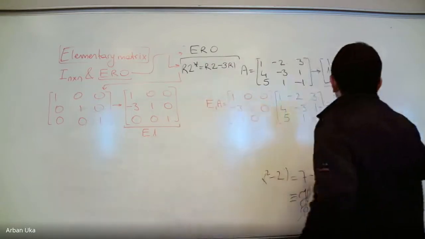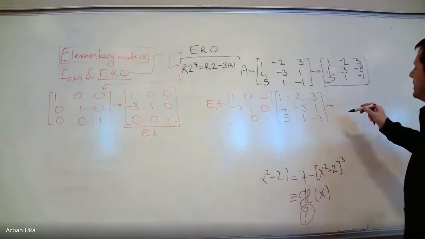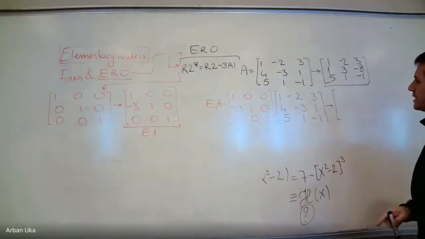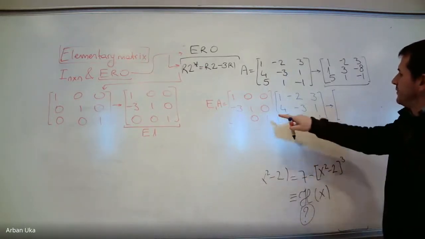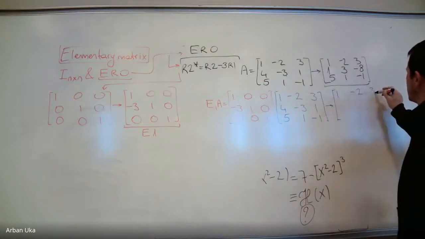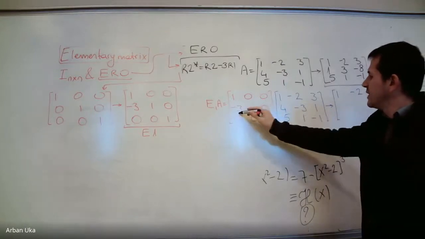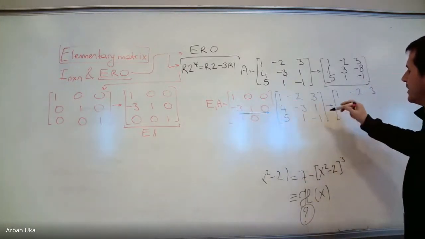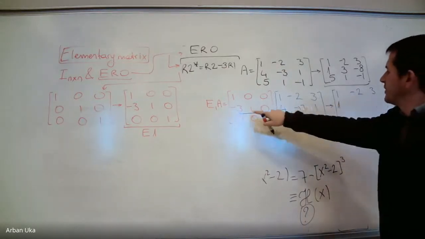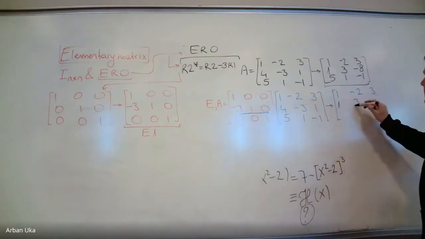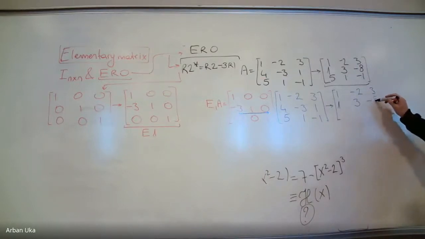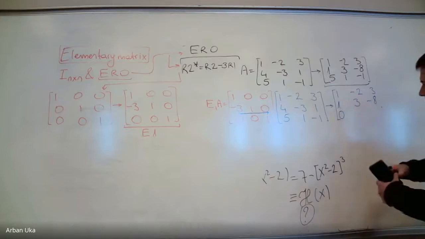This would be equal to B. So what do we get here? 1 times this, we get 1, minus 2, 3. And then let's multiply this row with the first column: minus 3 plus 4, we get 1. Then we have 6 minus 3, we get 3. And here we get minus 9 plus 1, minus 8. And the last row stays like this.